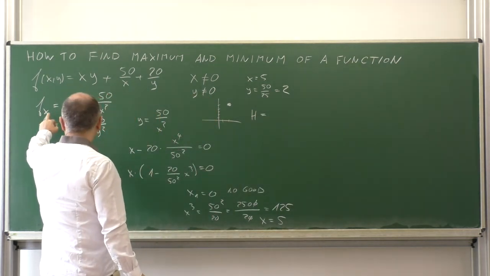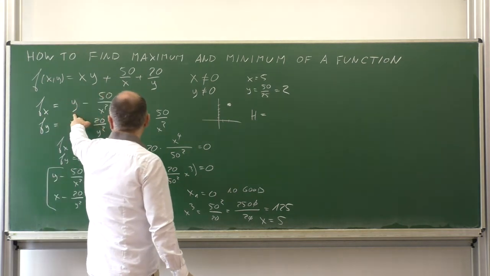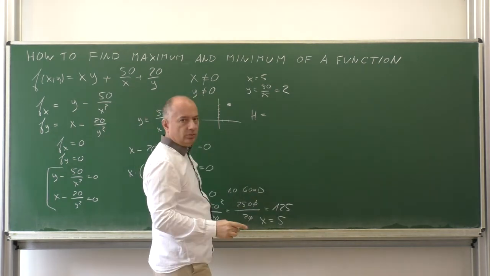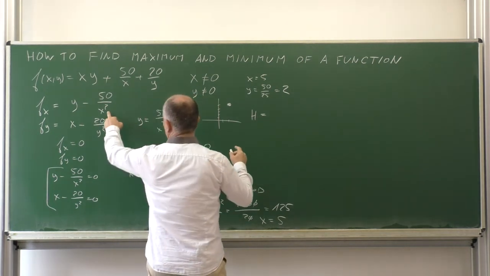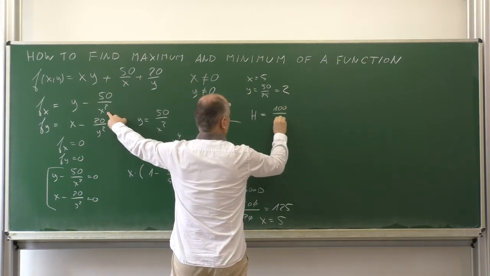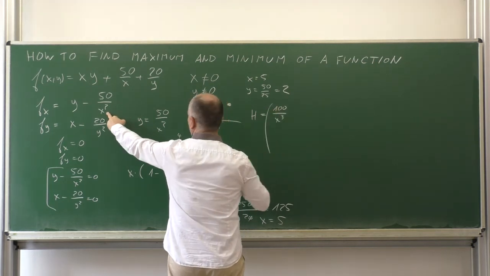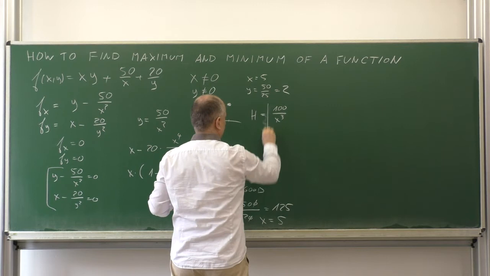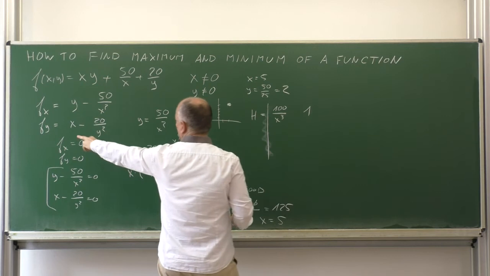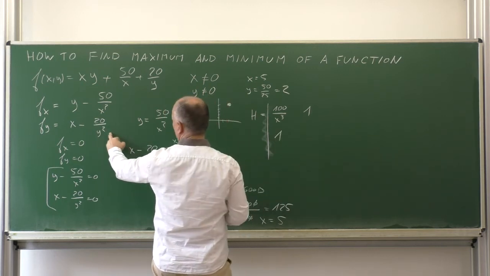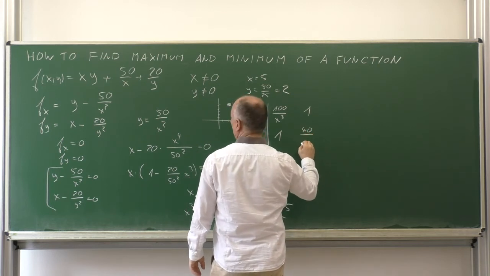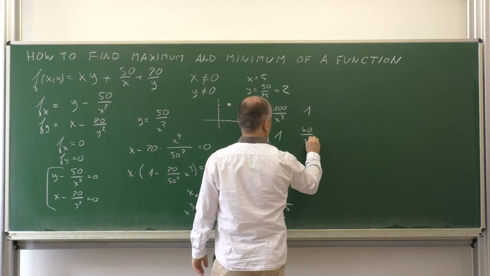So the second order derivative with respect to x, this is 100 divided by x cubed, from the derivative of minus 50 x to the minus 2, which is 100 x to the minus 3. And f_xy is 1, f_yx is 1, and f_yy is 40 divided by y cubed.